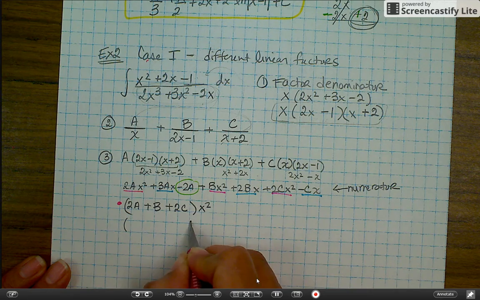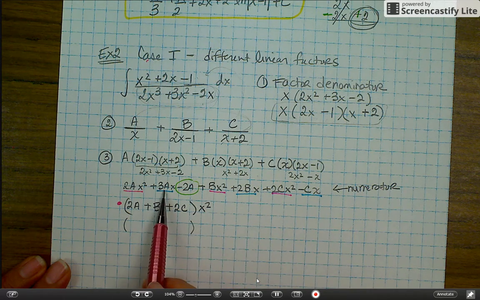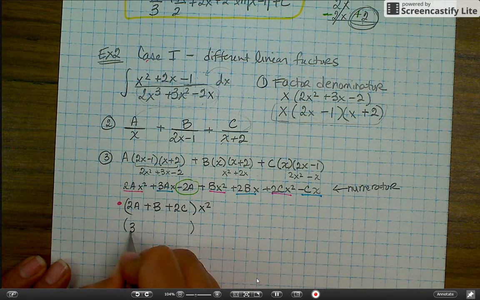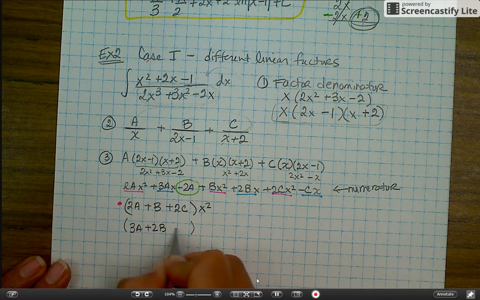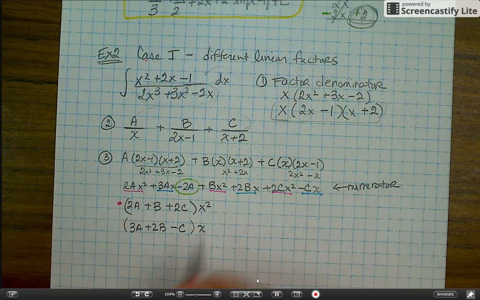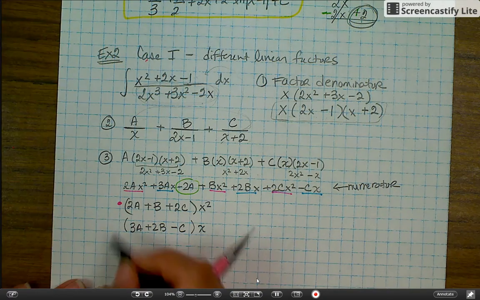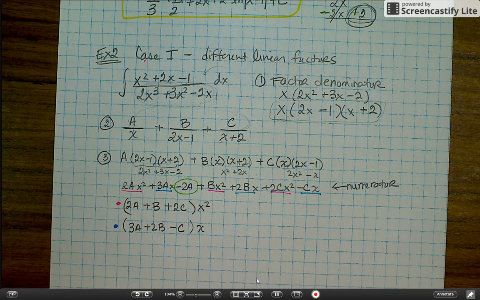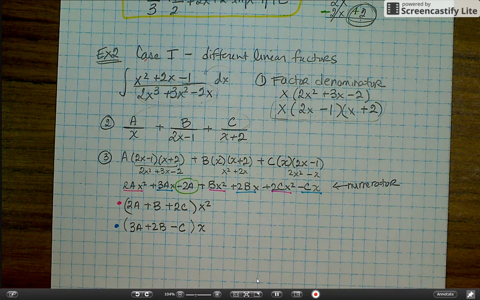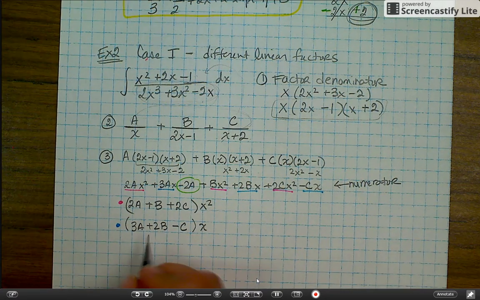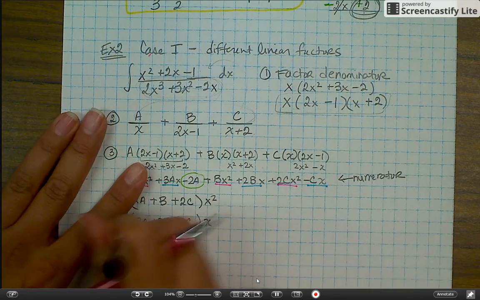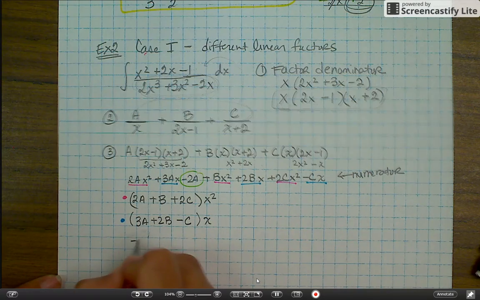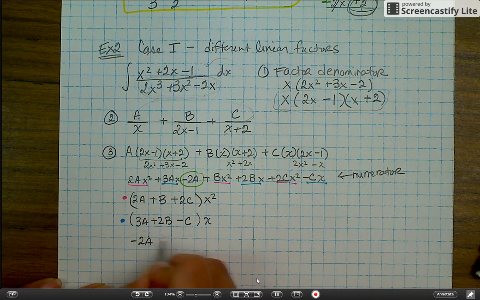Then let's put all my x's together. I have 3a plus 2b minus c times x. And then the last one that I have is minus 2a, and that's it.